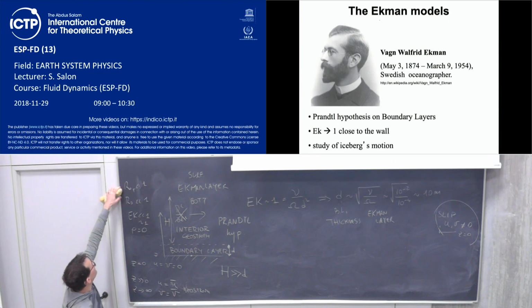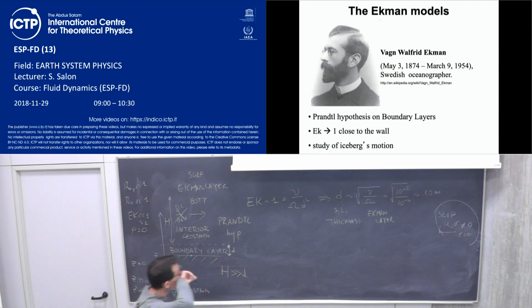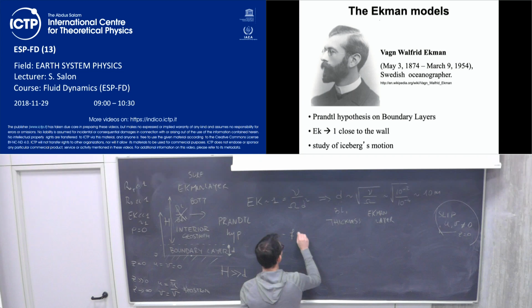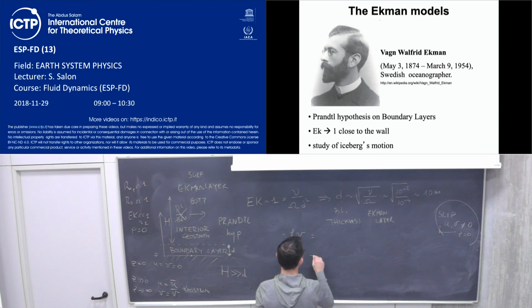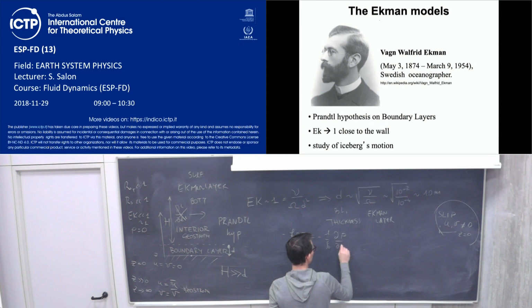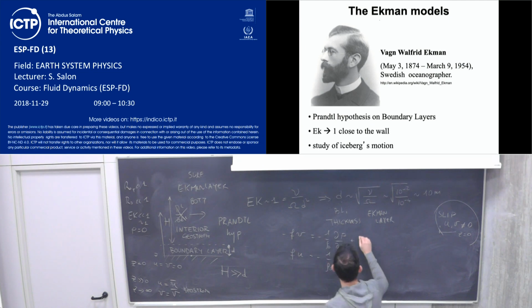So we are very happy because we do not have the variation in time of the velocity, and we do not have the advection term. The only things we have are the two Coriolis terms, then the two pressure terms, and then finally the frictional terms.